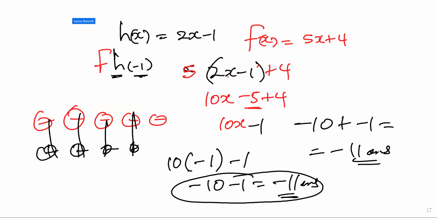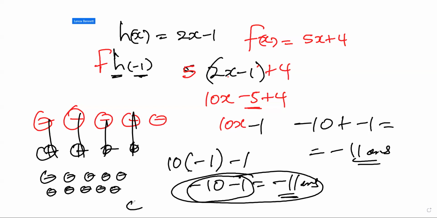So negative 10 and then minus 1, which is right here, is going to give you a negative 11. Because it's as if you have negative 10 things, and then minus 1. There's no positive to cancel it out, so you add all of them. So you have negative 11.